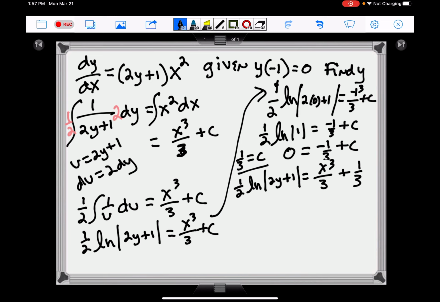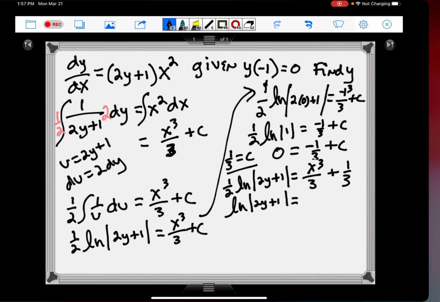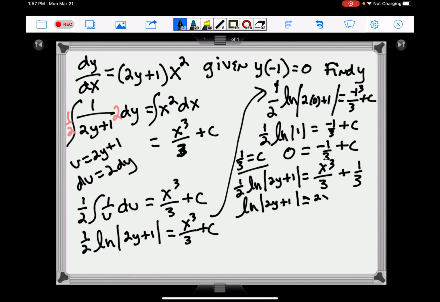Multiply everything by 2. Is that good? Yeah, sure. Now what? E.